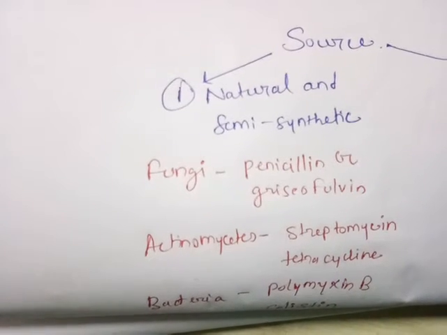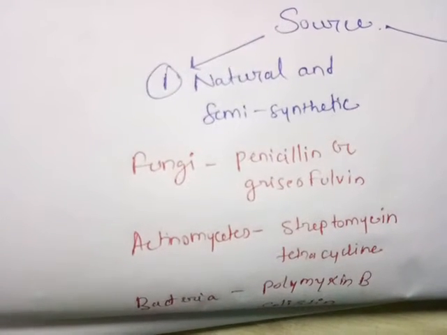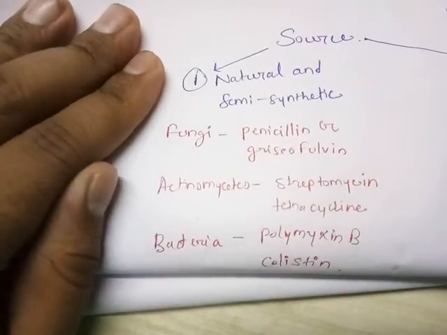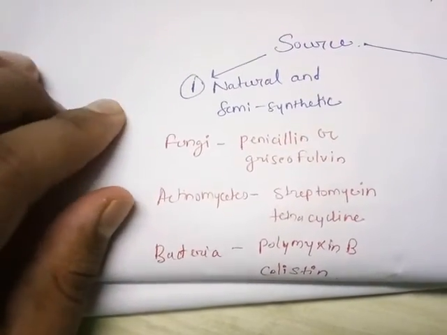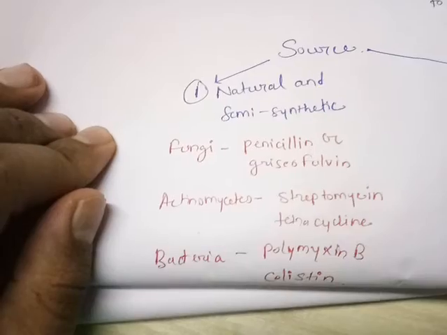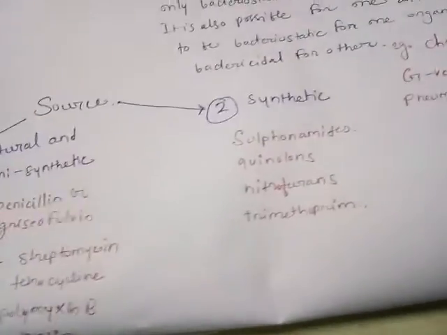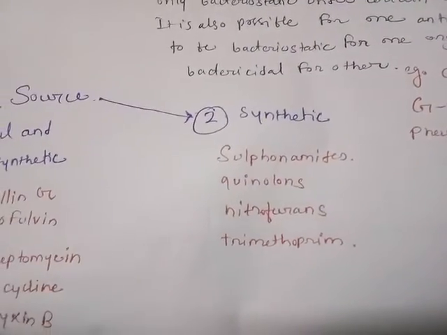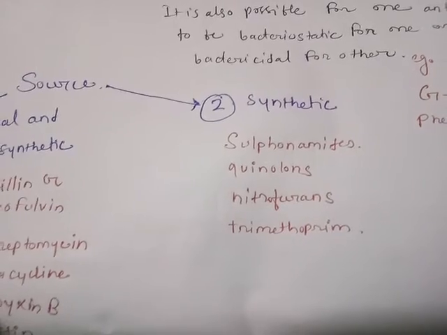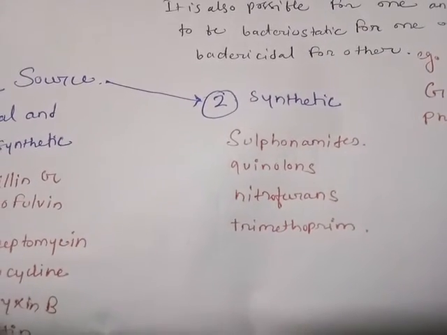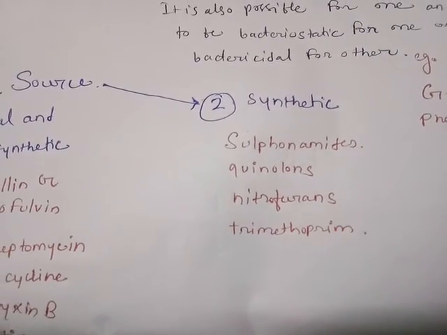Actinomycetes give us streptomycin and tetracycline. We obtain polymyxin B and colistin from bacteria. Now coming towards the synthetic ones: sulfonamides, quinolones, nitrofurans and trimethoprim.